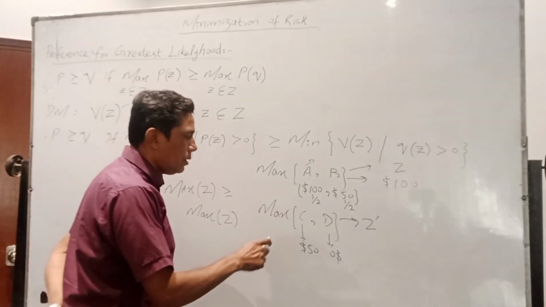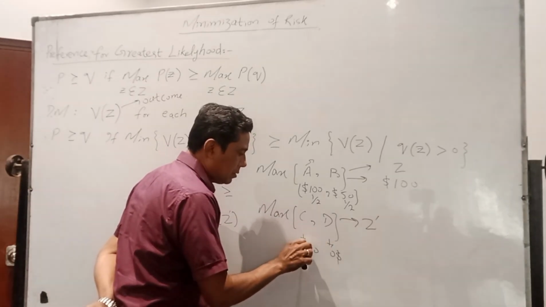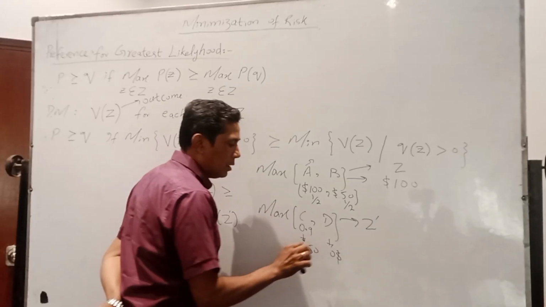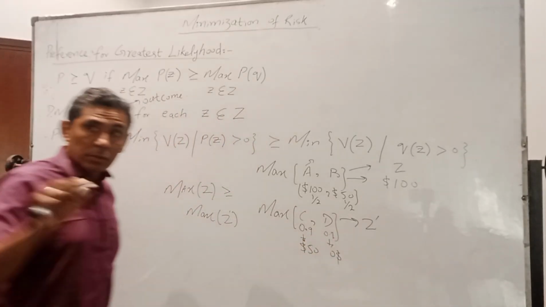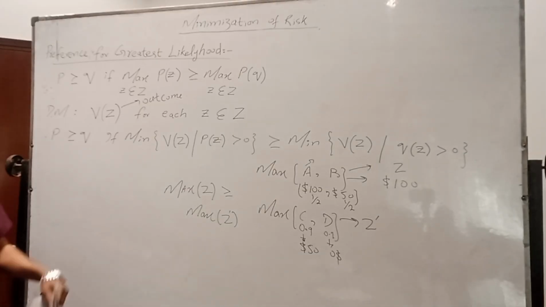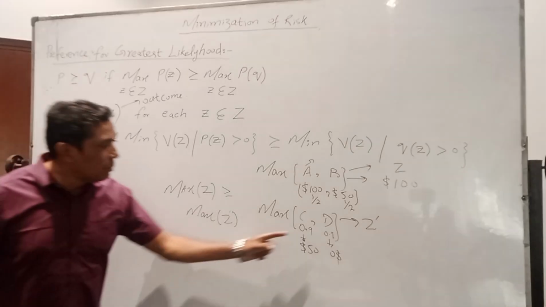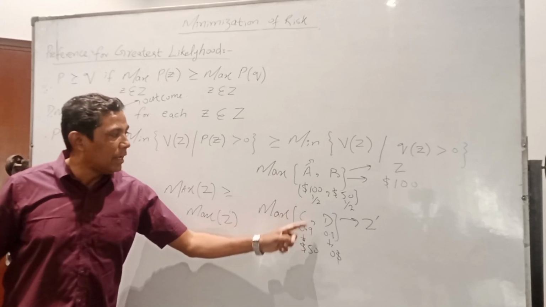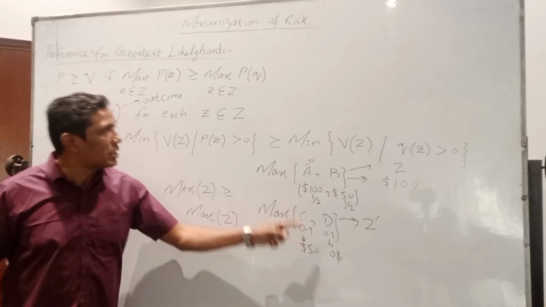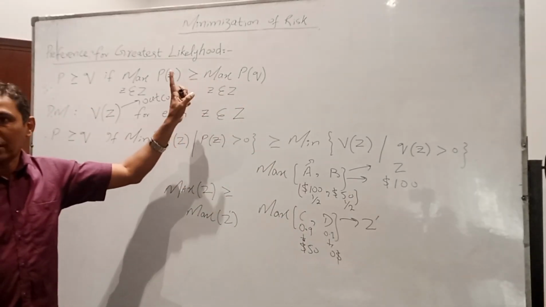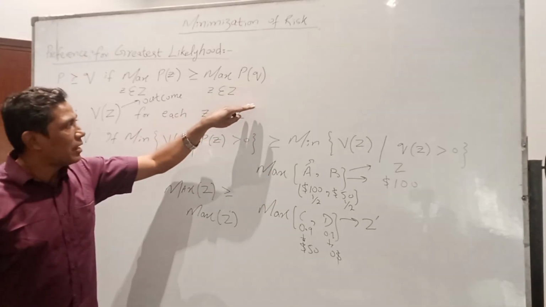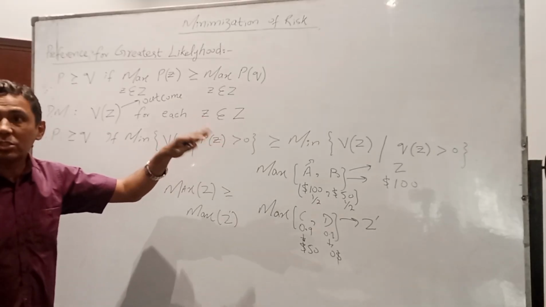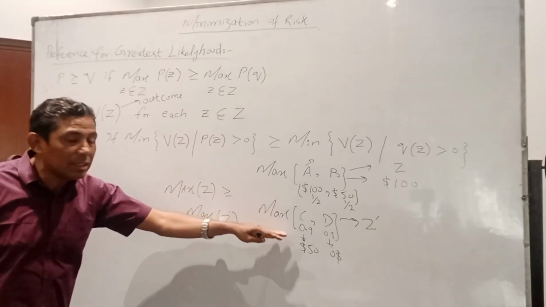But here, if I say the probability is, for example, 0.9 and this one is 0.1, for the sake of understanding, now this condition is not going to be satisfied here. What is the max of this probability? The maximum probability is 0.9 here, and here the maximum probability is 0.5. So now you are not satisfying this condition. Clear? What does it mean? I say if this condition holds, the chance to get the maximum should be greater than the chance to get this one.